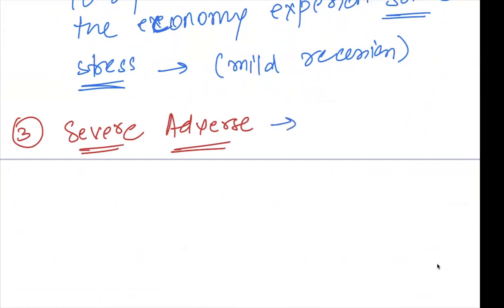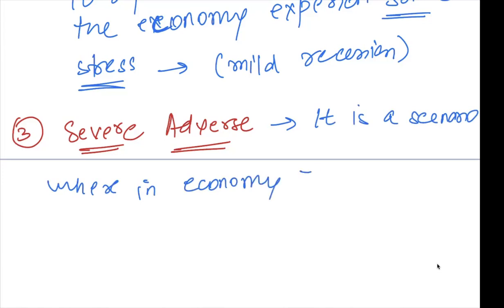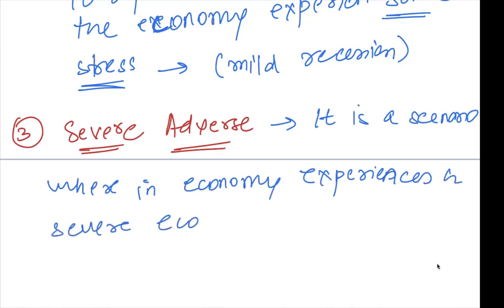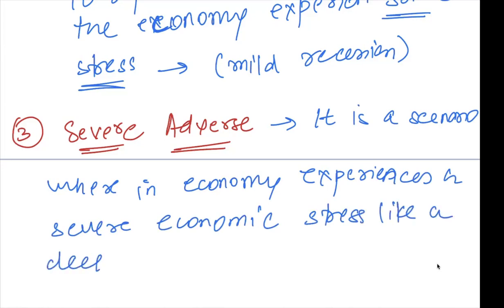So severe adverse scenario is a scenario wherein the economy experiences severe economic stress, like a deep recession.